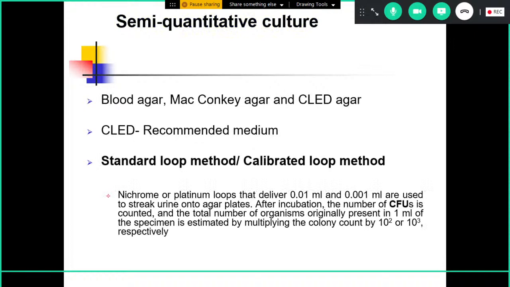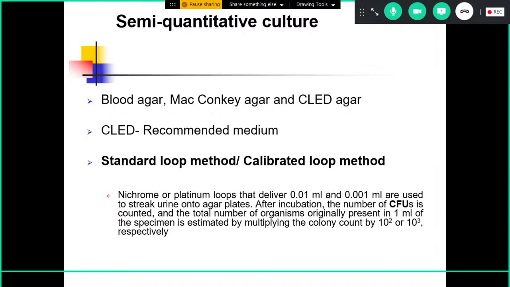Now, what is this standard loop or calibrated loop method? A calibrated loop which will deliver 0.01 ml or 0.001 ml is used to streak urine on agar plates.